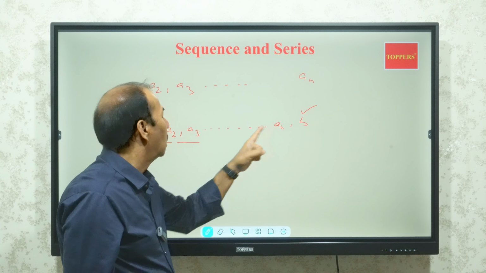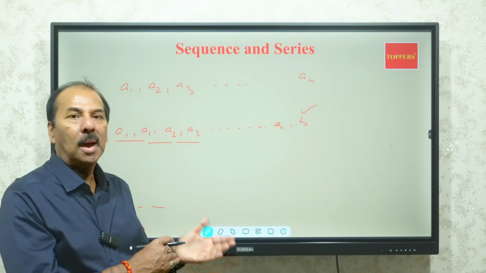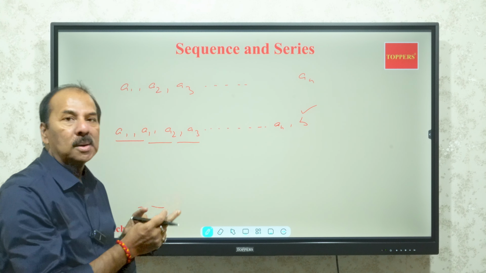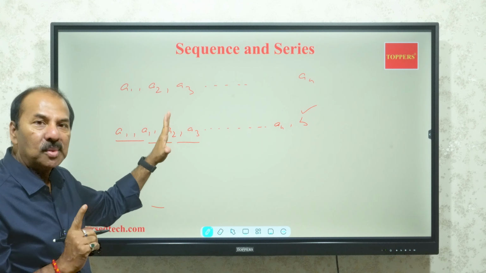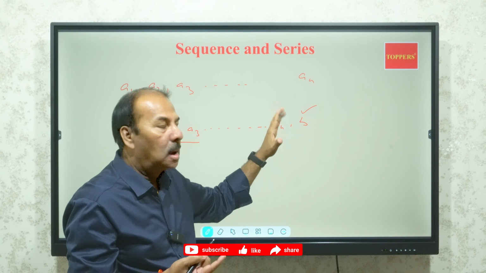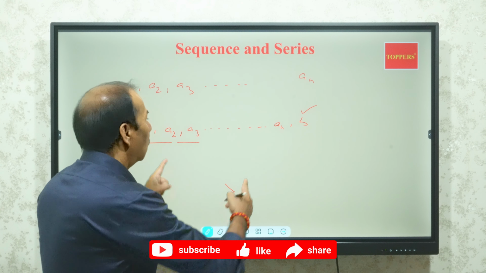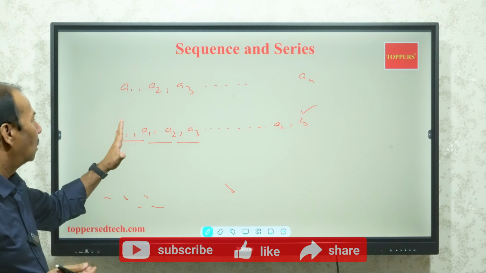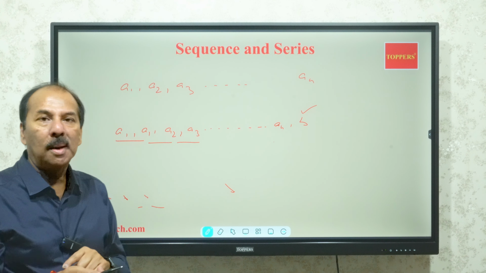To calculate that, a remains the first term, but b becomes not the nth term but the n plus 2th term.